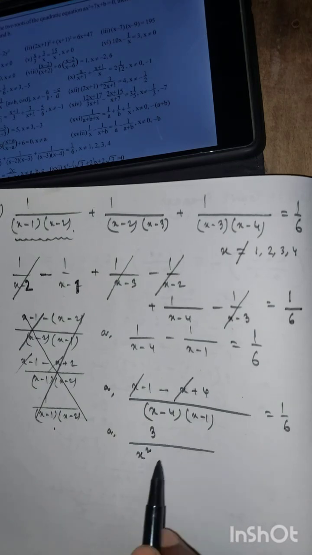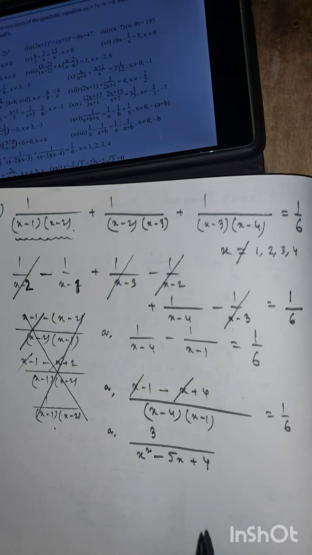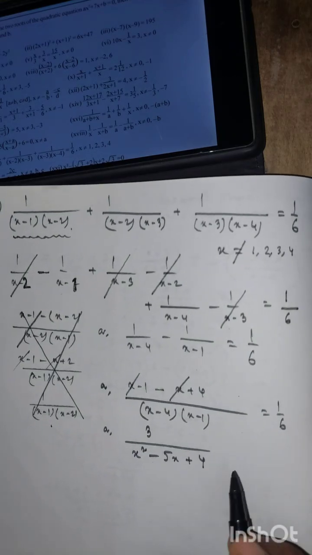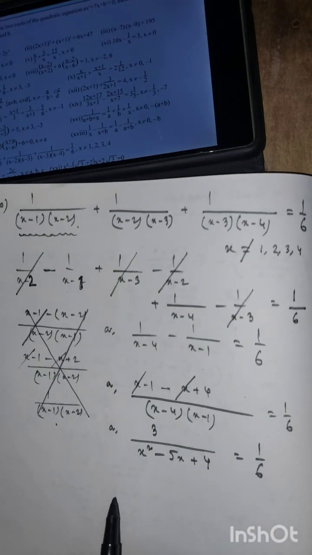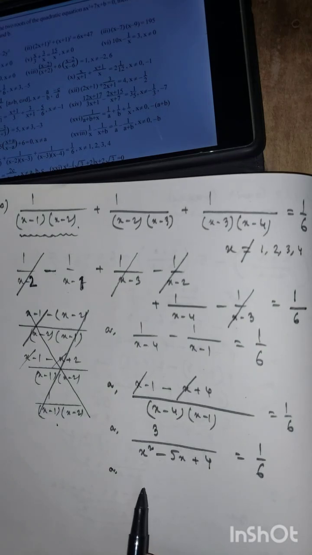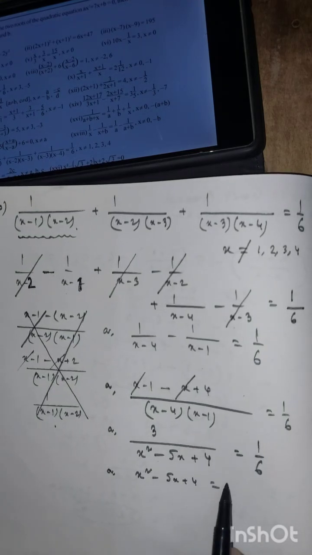Minus x and minus 4x, it is minus 5x and plus 4. This is equal to 1 by 6. Or if I cross multiply, we get x square minus 5x plus 4 equal to 18.